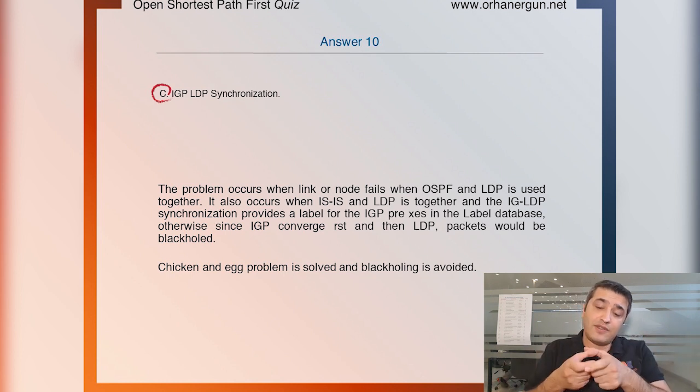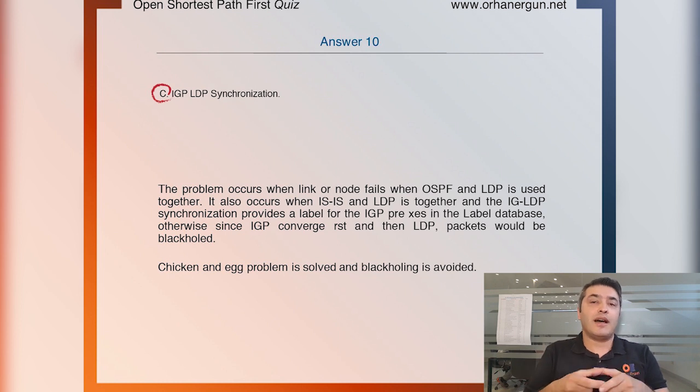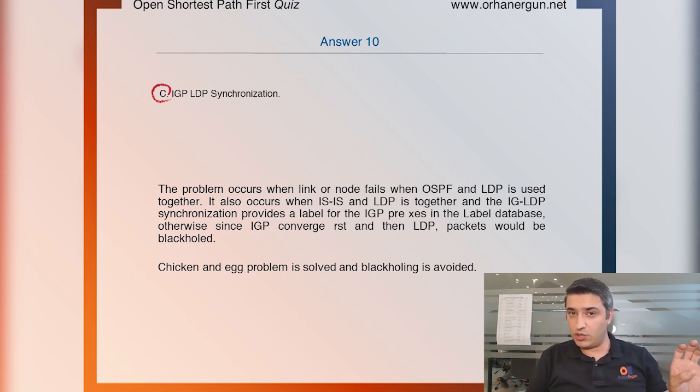But when you bring it up, things can be weird. Why? IGP converges faster than LDP. But what we want, exactly what we did with IGP BGP synchronization, is that IGP should wait for LDP, otherwise there will be black holing.